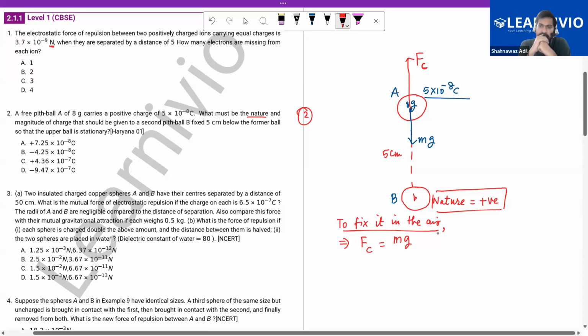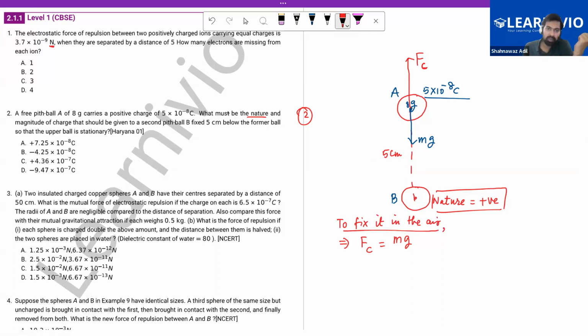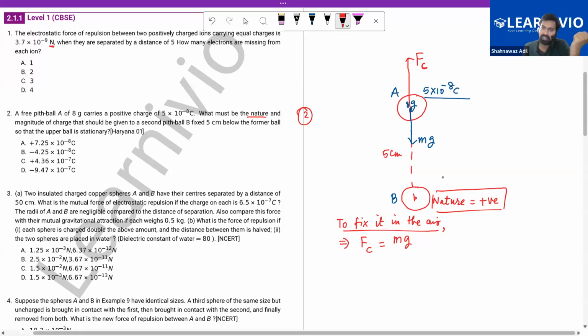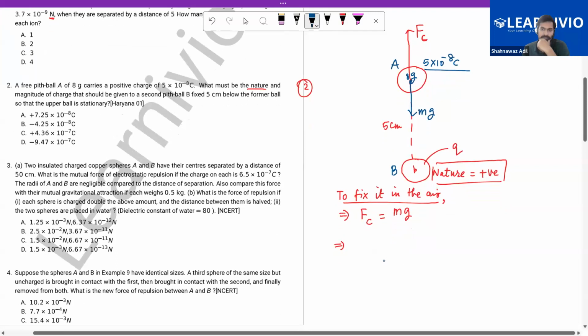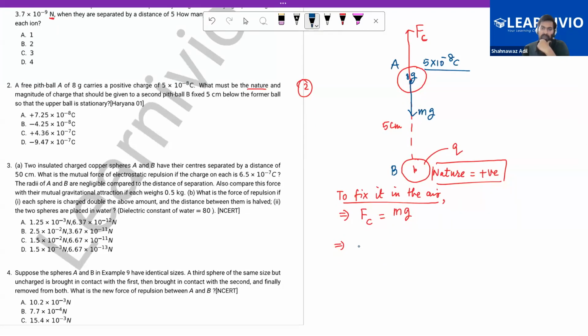Right, guys? So what must be the nature and magnitude? Let's say that it has a Q charge. So what would be Fc, the Coulomb force? It is k Q1 Q2 by r square.